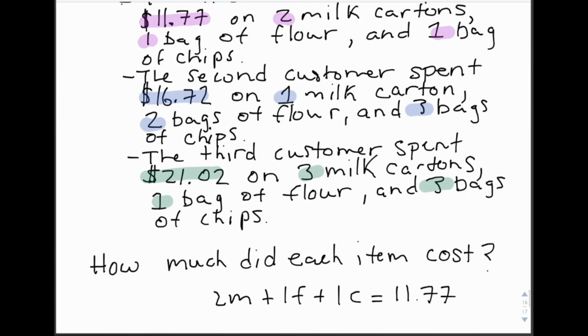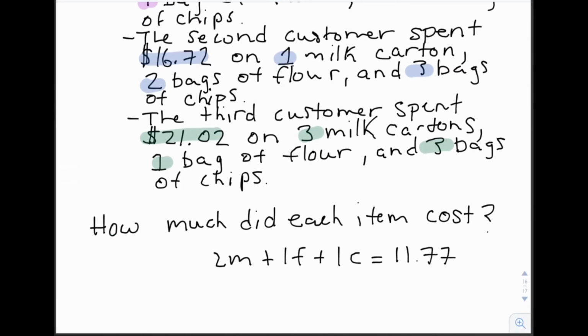Our second customer, we know that we're going to go ahead and have 1M plus 2 bags of flour, and then finally plus 3 bags of chips, and his total was equal to 16.72.